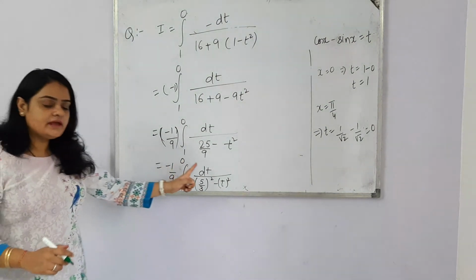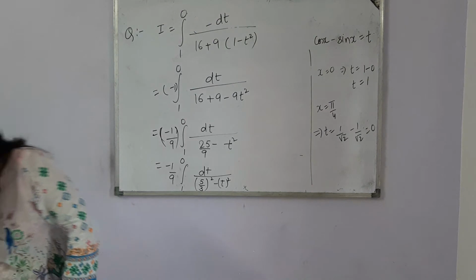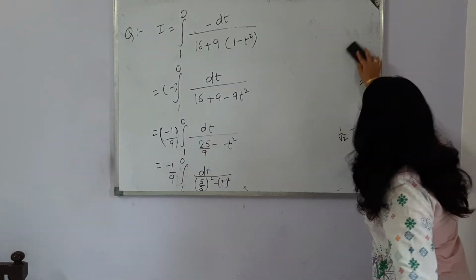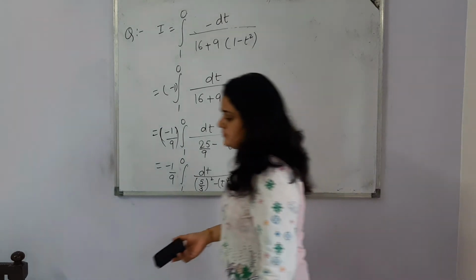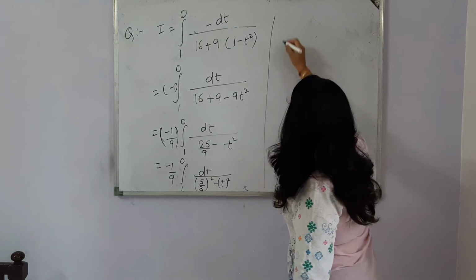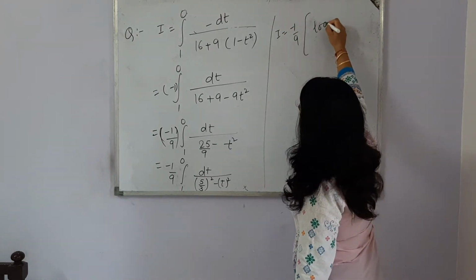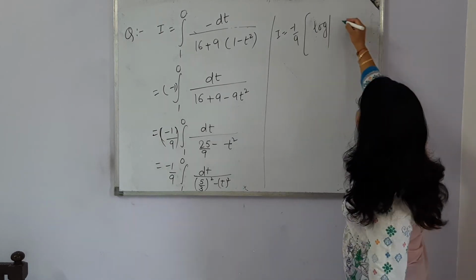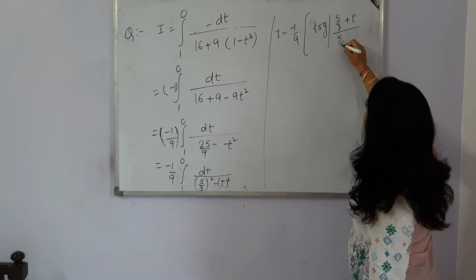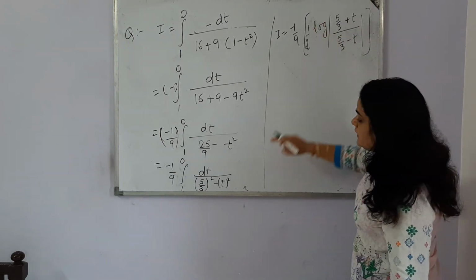Now the formula is applicable, 1 upon a square minus x square, which is log of a plus x upon a minus x into 1 by 2a. So this is minus 1 by 9 log of a plus x upon a minus x into 1 by 2a. What is a?